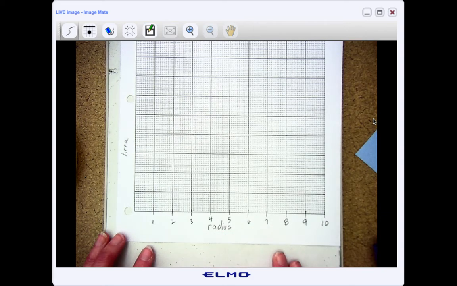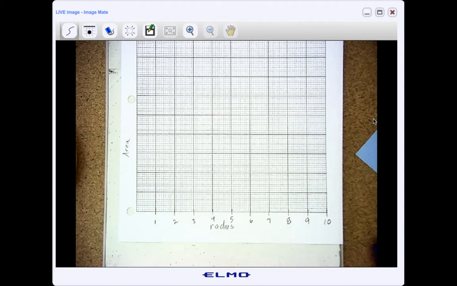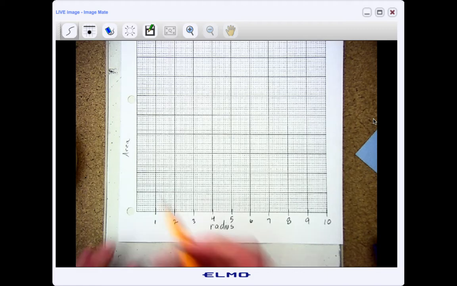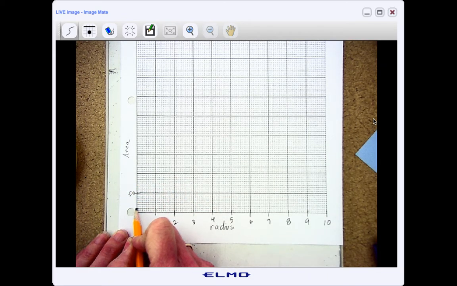Okay, and then the area, my biggest area was a little over 300, wasn't it? So I'm not going to be able to use just blocks of 1 here, or I'll be way off. Okay, so I think I'm going to make this be a 50. So that means 2 blocks are 10, 20, 30, 40.